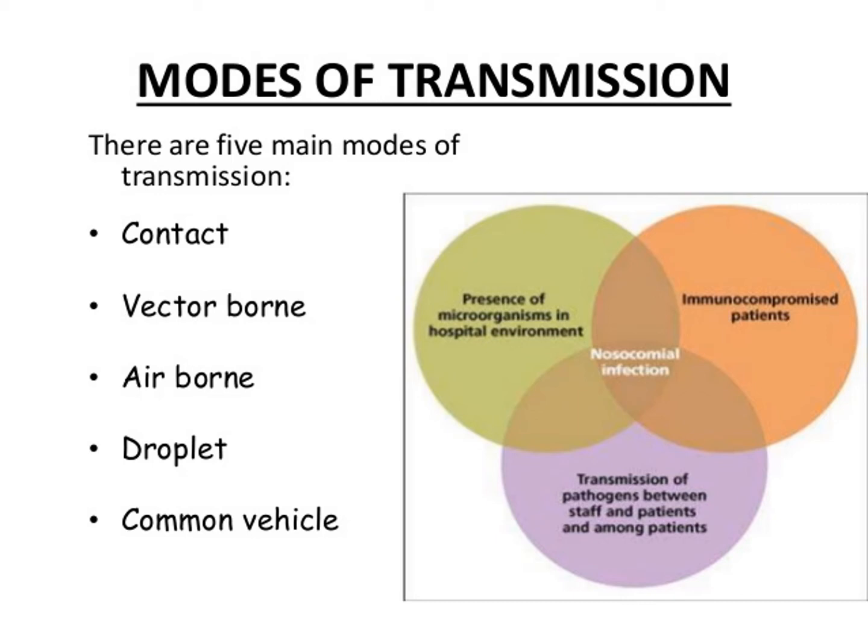The next one, droplet. So droplet transmission usually involves larger droplets, and it typically comes from the respiratory tract with coughing, sneezing, potentially even suctioning, and these droplets don't typically go more than a meter, or say 3 feet.